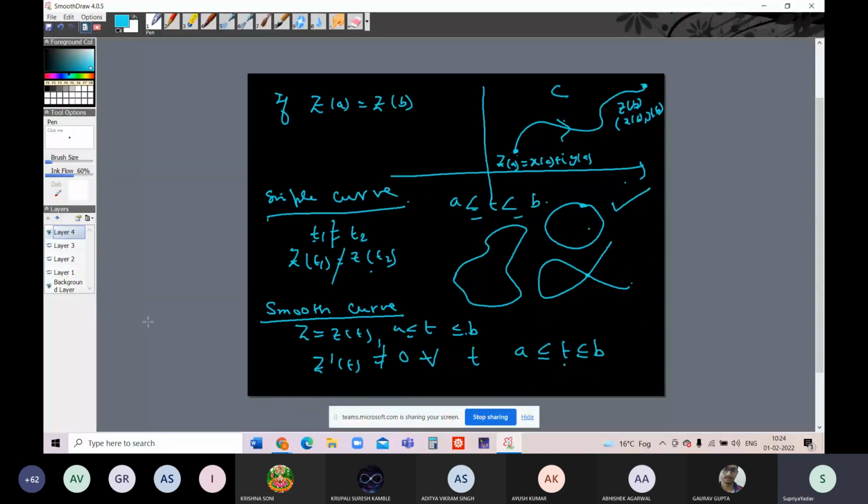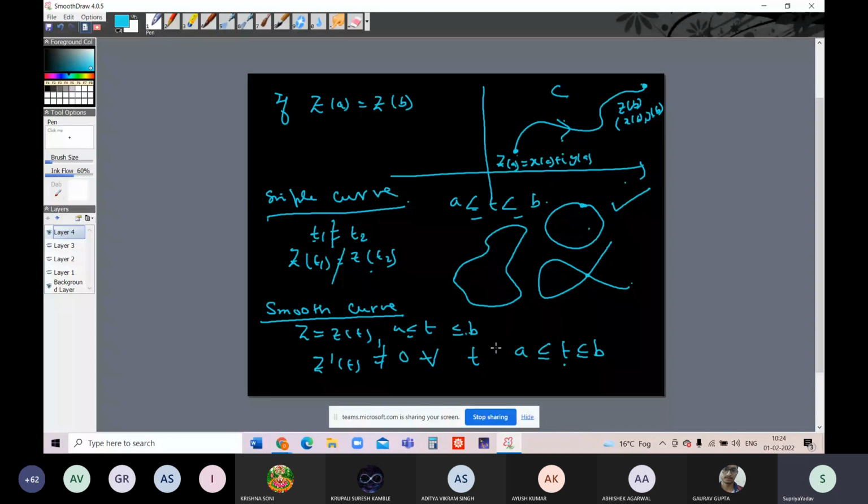So that kind of curve is said to be a smooth curve. Continuously differentiable means z dash t exists and it is also a continuous function, and it should not be 0 for all t between A and B. So that kind of curve is called a smooth curve.